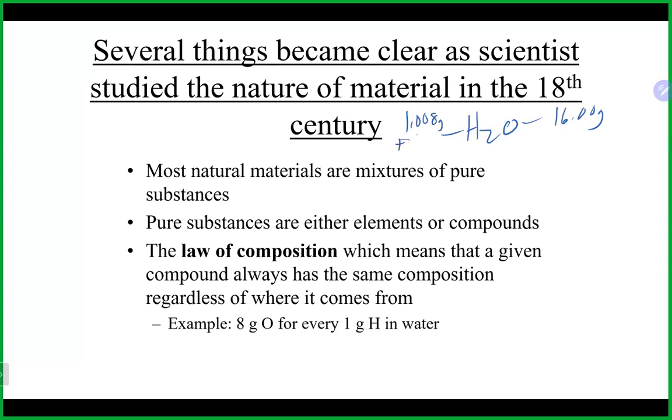We have 2 hydrogens, which is about 2, so we take about 16 divided by 2, that's 8 grams. So for every gram of hydrogen, we have about 8 grams of oxygen present. No matter where you get your water from, they all have that same proportion or ratio.